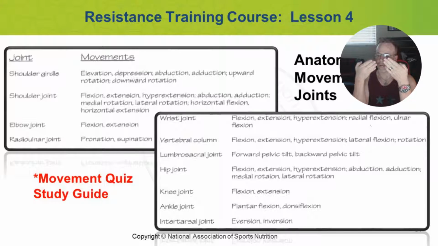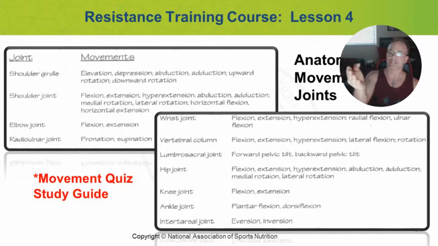That's radial flexion on the radius side, or it could be wrist adduction. Ulnar flexion is like abduction, right? So you have two bones, the radius and the ulna.